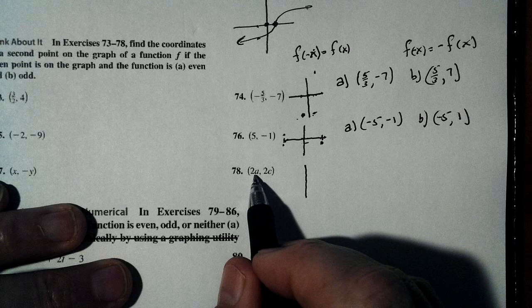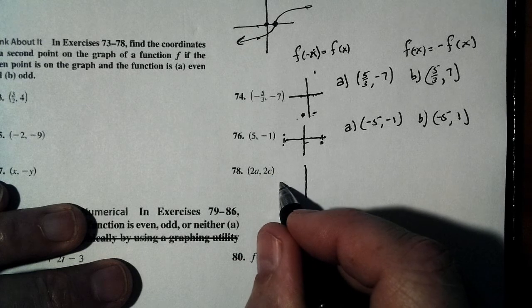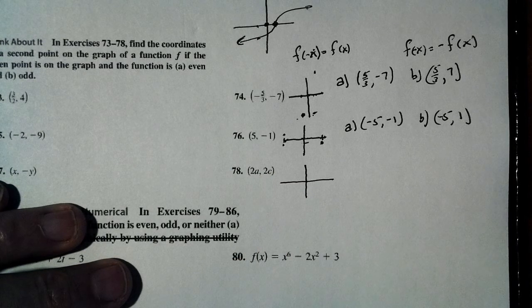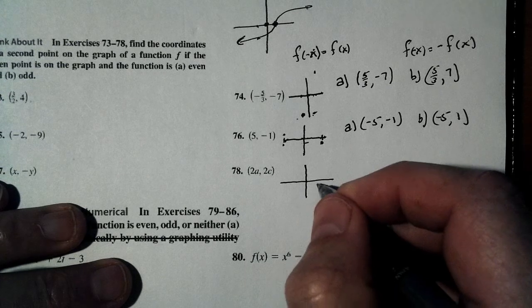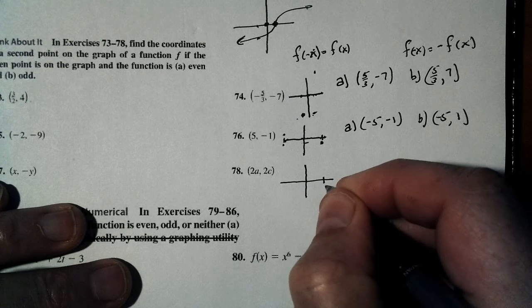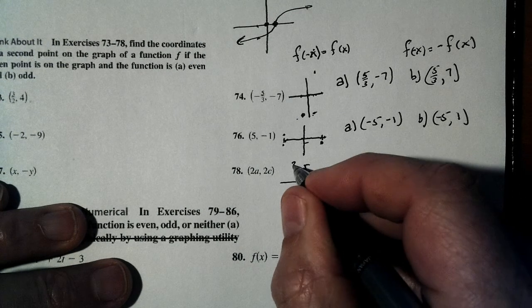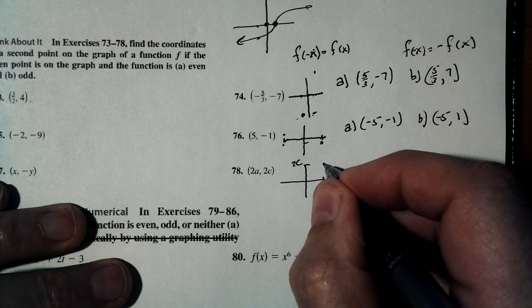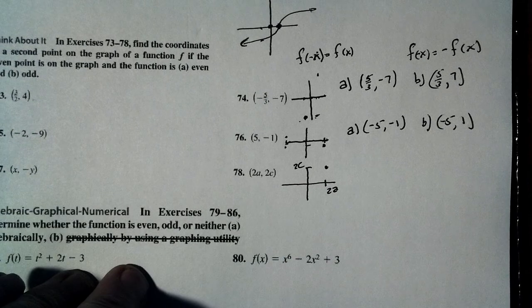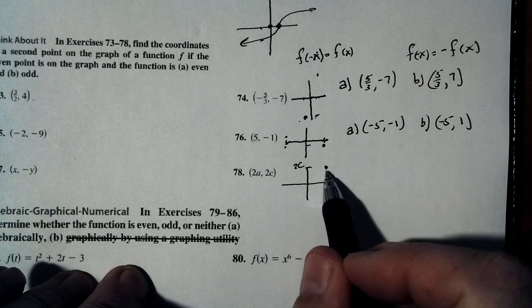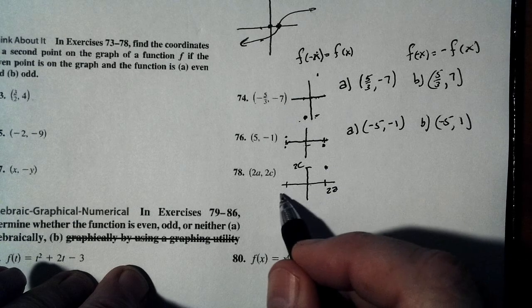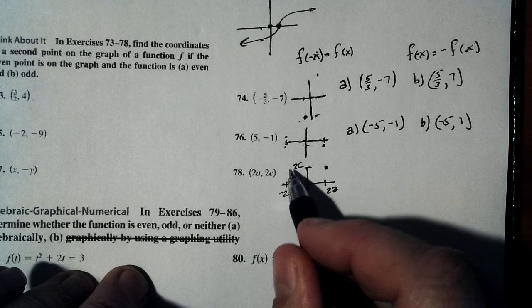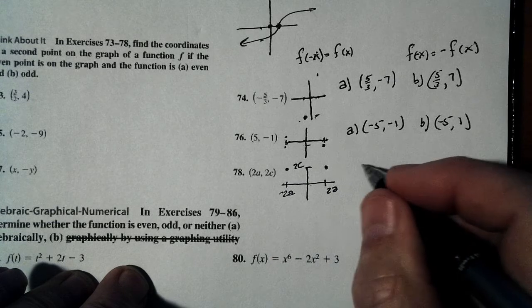Now, because I don't know if A and C are positive or negative, I'm just going to assume they're both positive. So we go to the right 2A and we go up 2C. And now we want even, where the height to the left is the same as the height to the right.